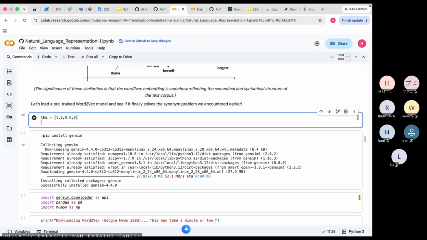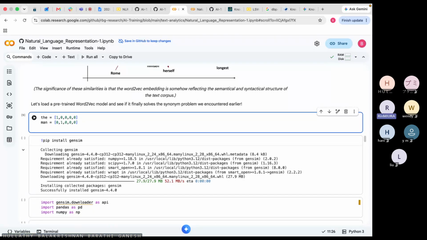So man would be 0, 1, 0, 0, 0. Loves would be 0, 0, 1, 0, 0.